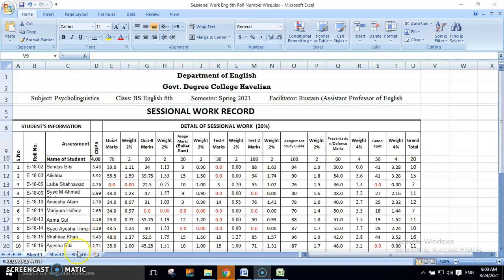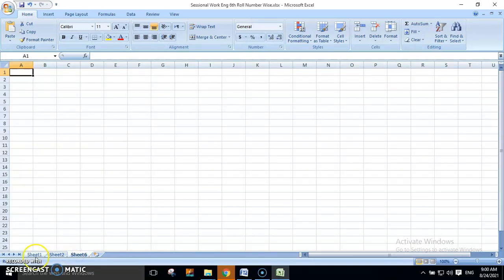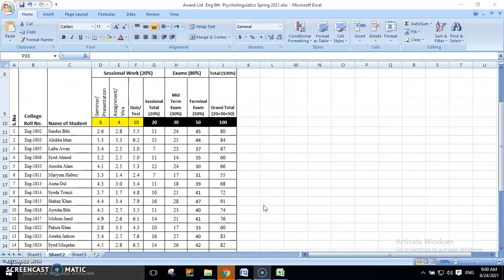So at the end, let me show you another sheet. Okay, just a minute. So here is the summary of result. As you can see here, seminar and presentation were finally given 6% weightage, assignment and viva were given 4% weightage, and quiz and test were given 10% weightage.